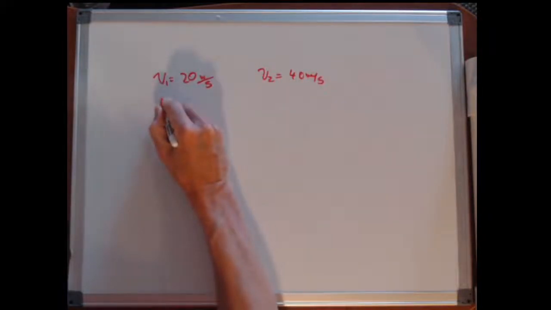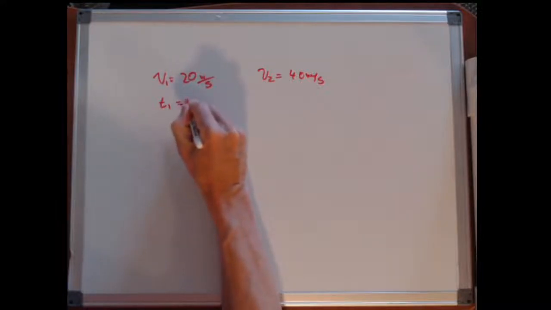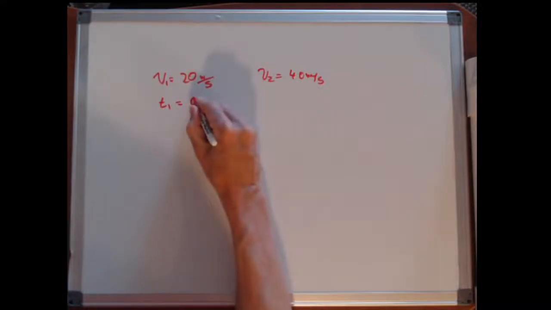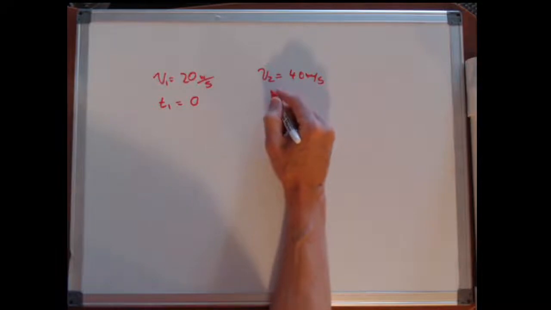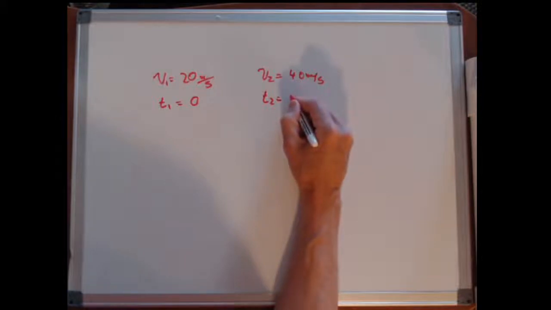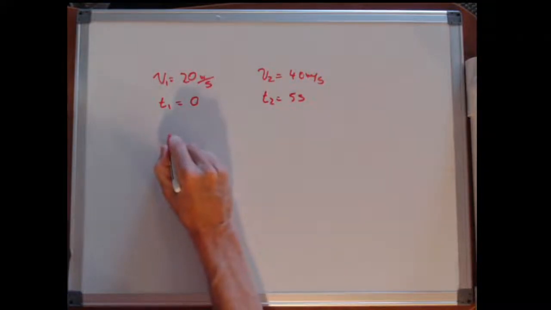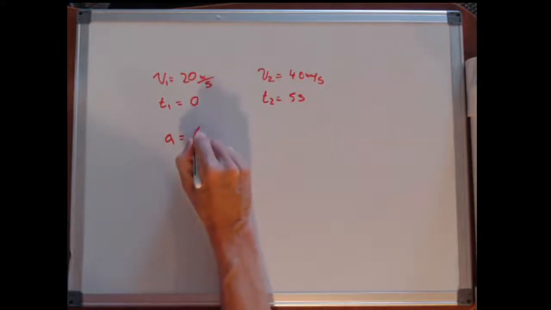And I can say this was at T1 equal to 0. This is when my car enters the on-ramp. And how long does it take your car to go through an on-ramp? I don't know, say T2 is 5 seconds. What we're saying is the acceleration is the change in the velocity divided by the change in time.